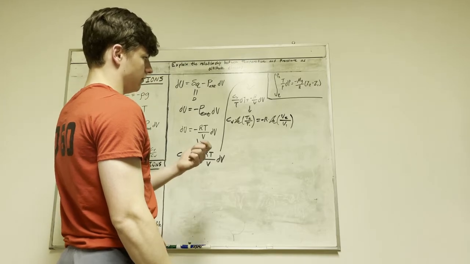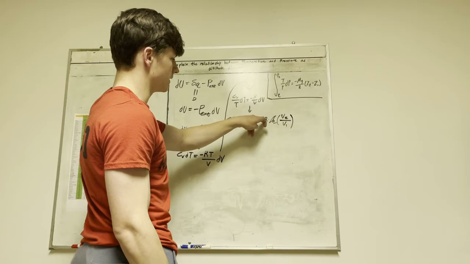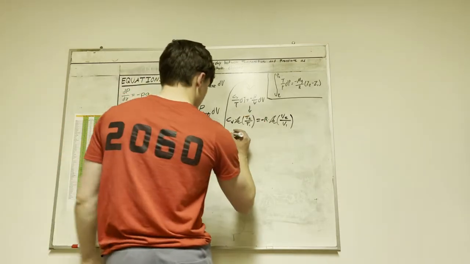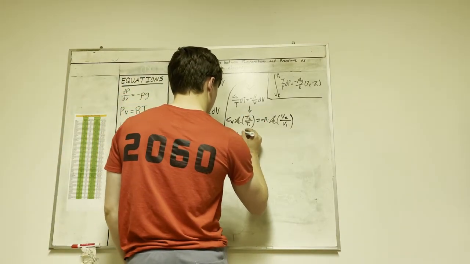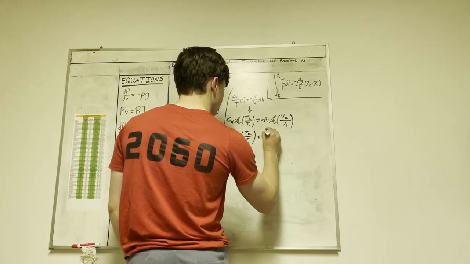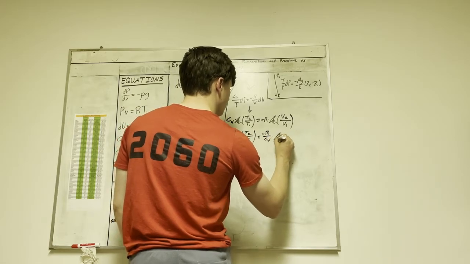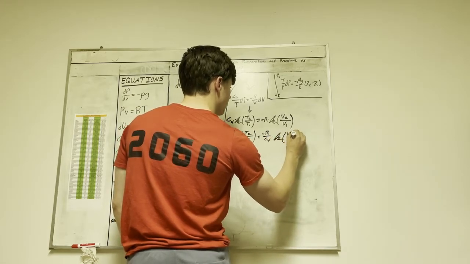And with that, we can then move CV over to this side. Then we have natural log T2 over T1 equals negative R over CV times the natural log of V2 over V1.